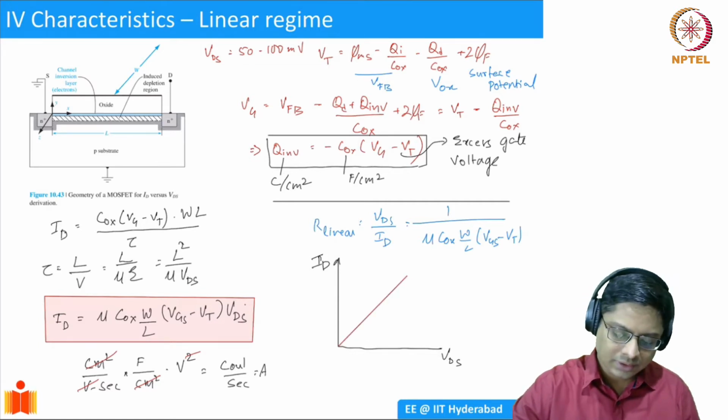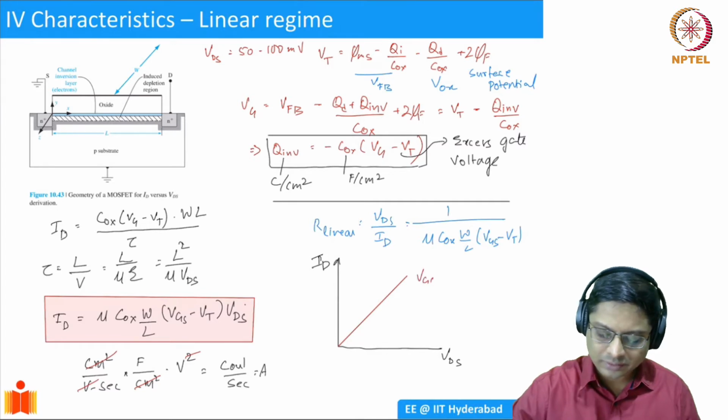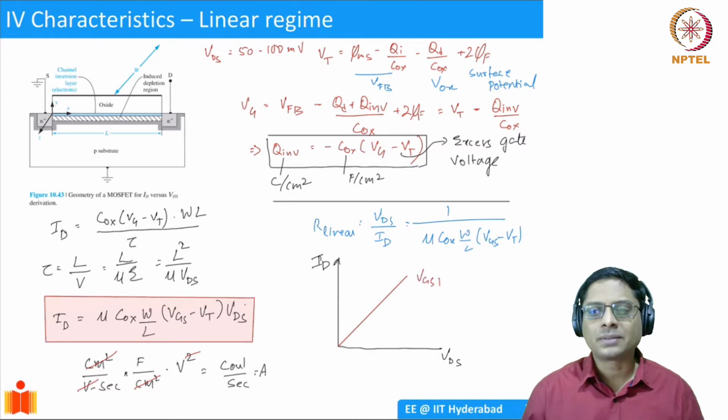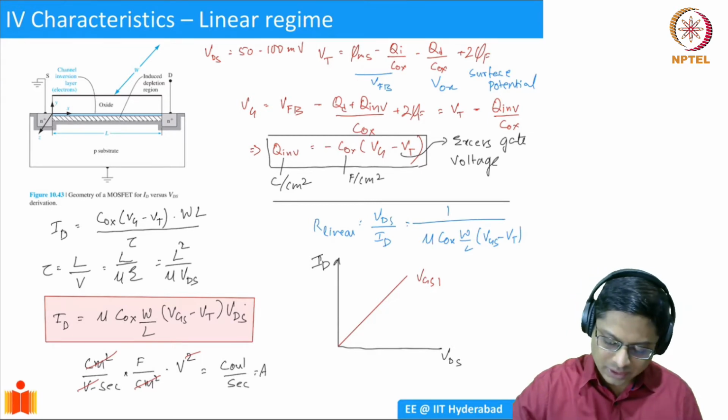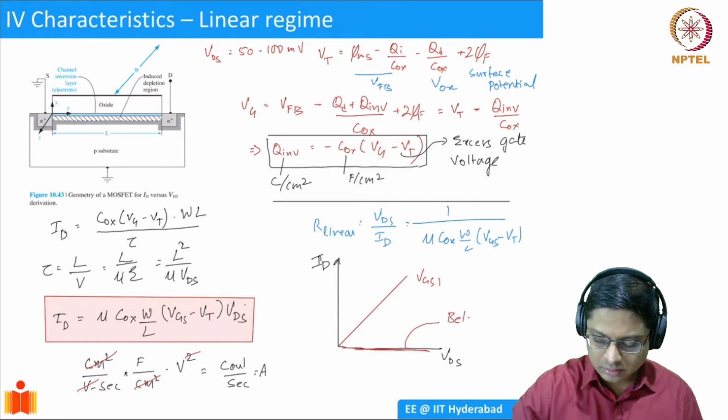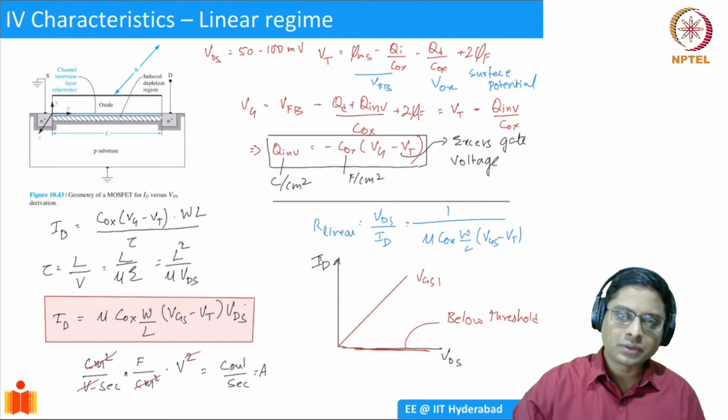Let's call this VGS1, at some gate voltage. That has to be above threshold, remember. If you're below threshold, it's going to be zero, flat. As you increase the gate voltage, it goes up.